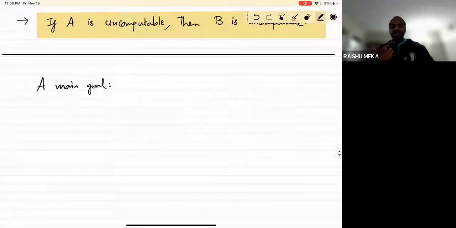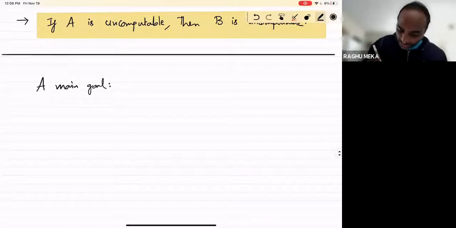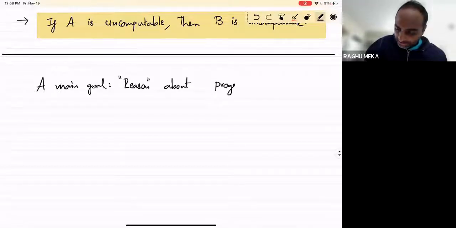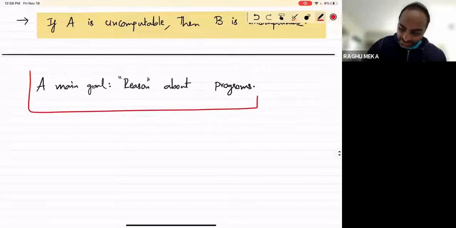So in all of these areas, you're trying to reason about software that is already part of the input, okay? So the main goal: reason about programs in many areas.